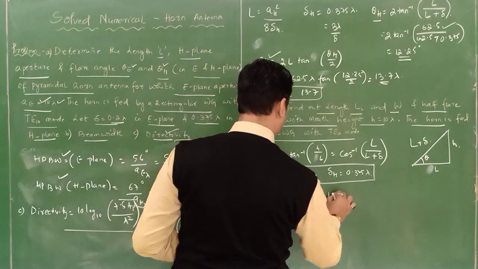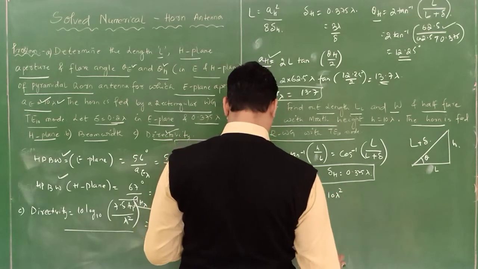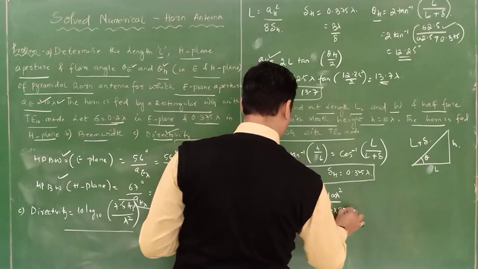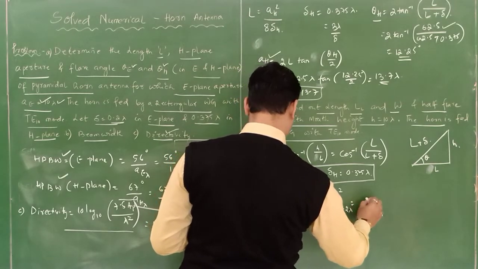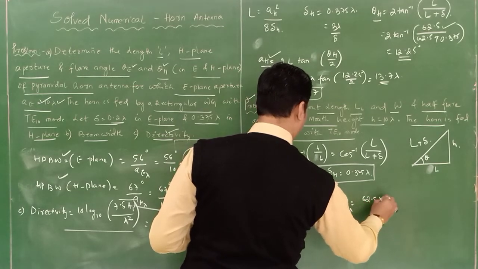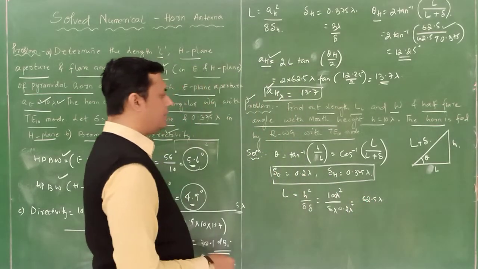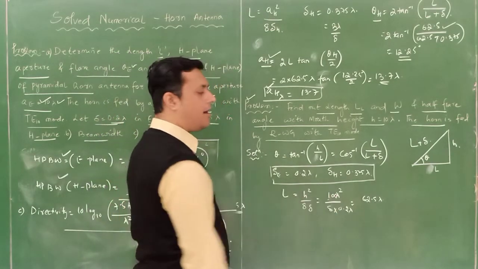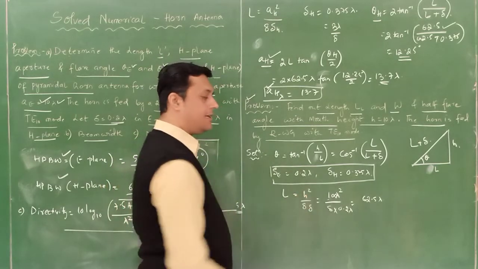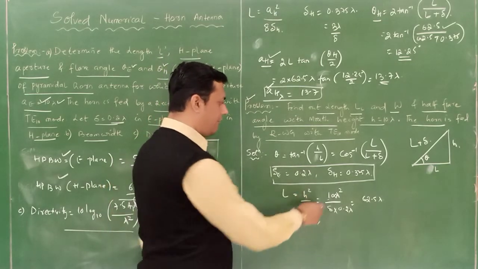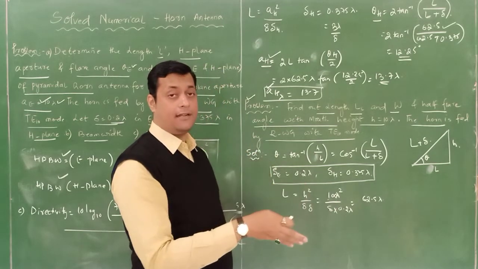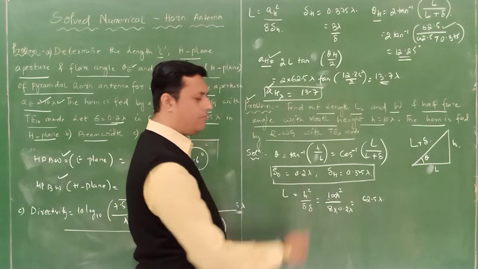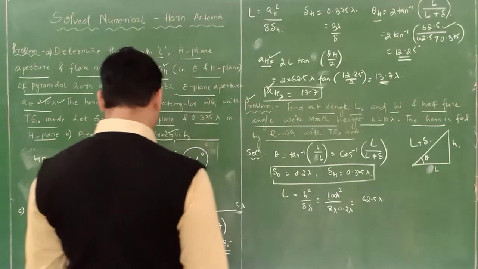Now H square is how much? It is 10 lambda square, and 8 into 0.2 lambda, which gives 62.5 lambda. This H is also called AE for E-plane sectoral horn. So it is 100 lambda square divided by 8 into 0.2 lambda, we get about 62.5 lambda, that is our length.